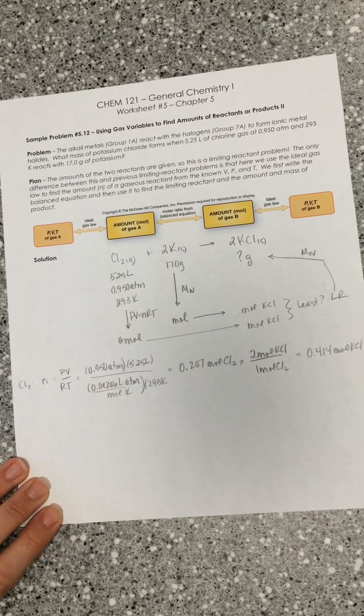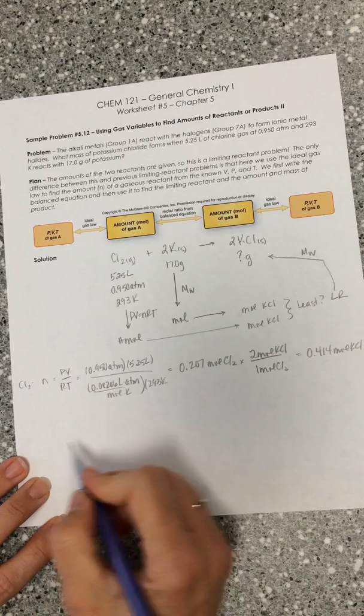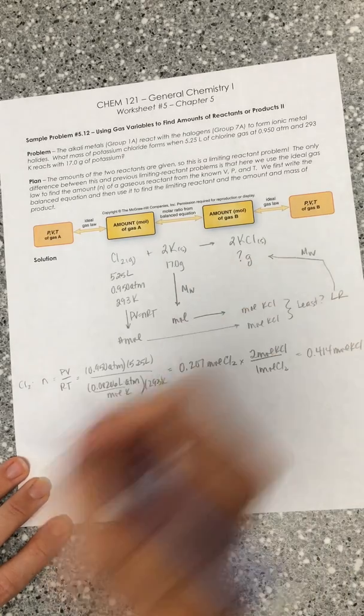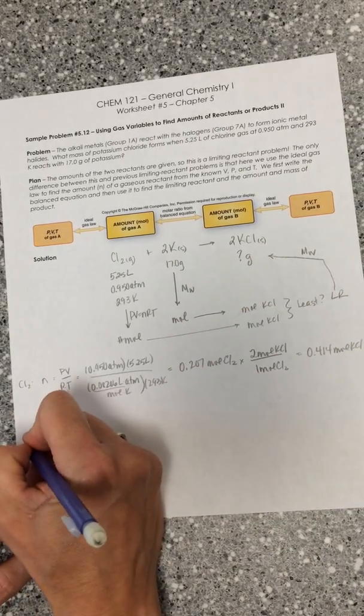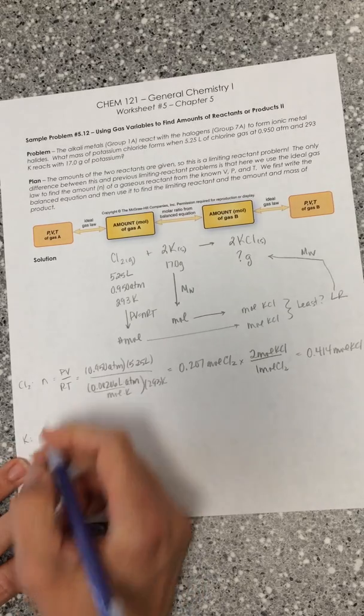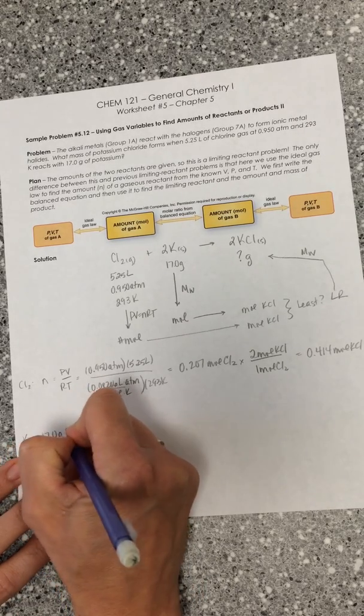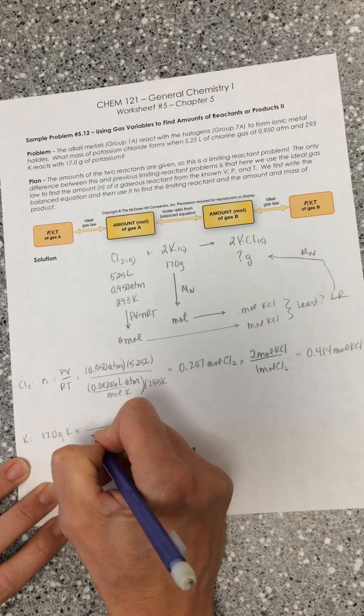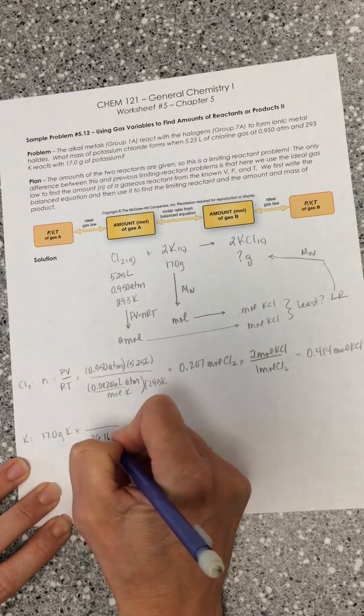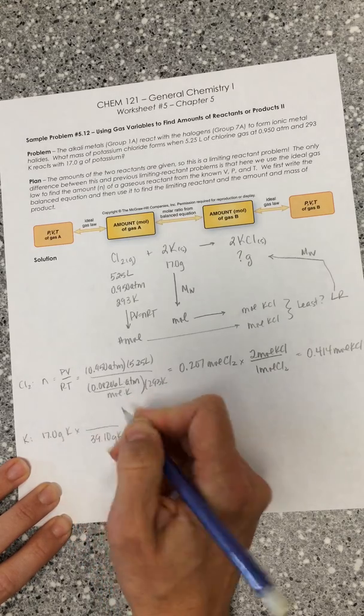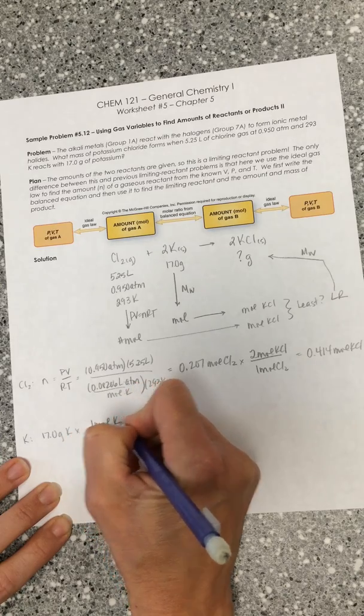Now remember, for limiting reactant problems, we need to essentially carry the same calculation through using our other reagent. So for solid potassium, we have 17 grams of potassium. The molar mass says 39.10 grams of potassium is 1 mole of potassium.